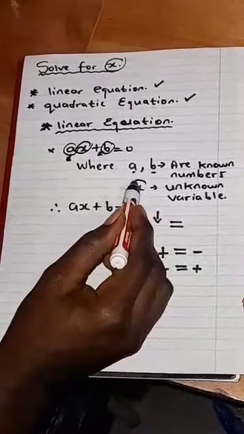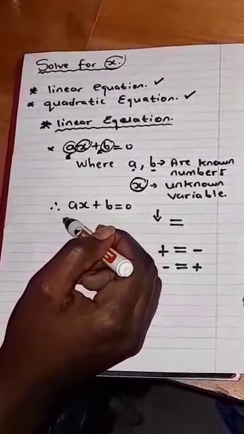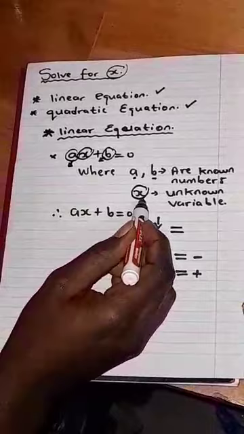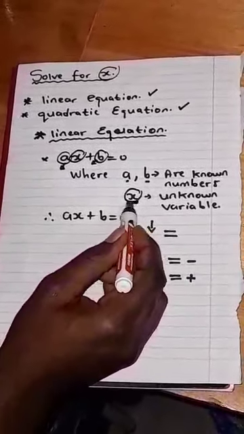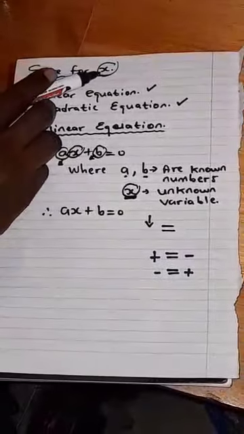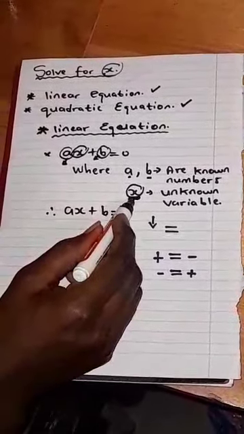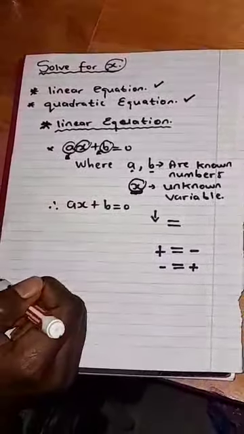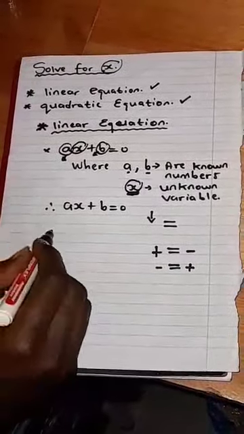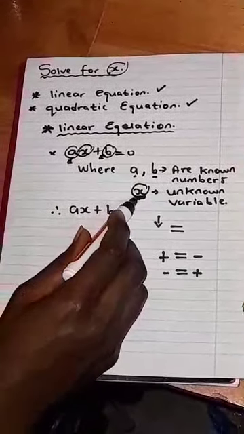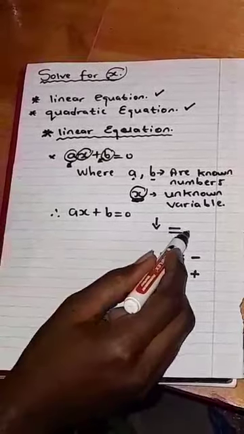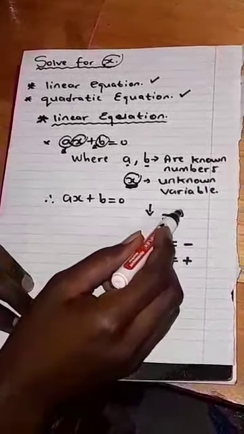And if this x is an unknown variable in our equation, we must solve for it. That's why here we said solve for x. Because it's an unknown variable, we must solve for this x. To solve for an unknown variable, we must have the equal sign, which is this one.